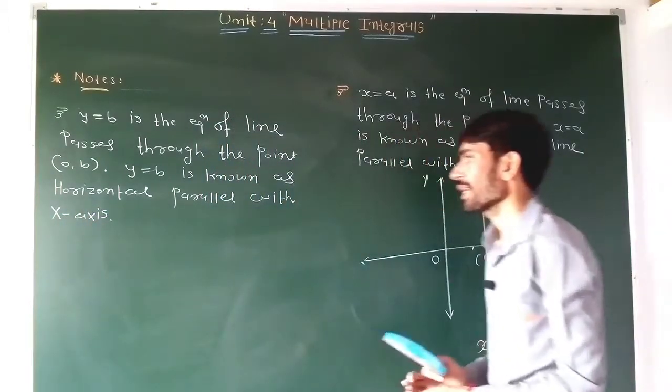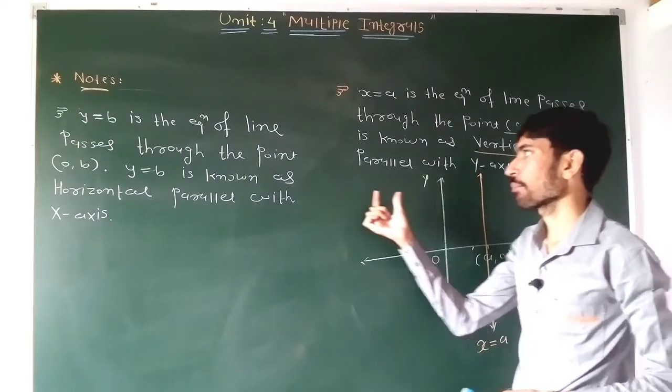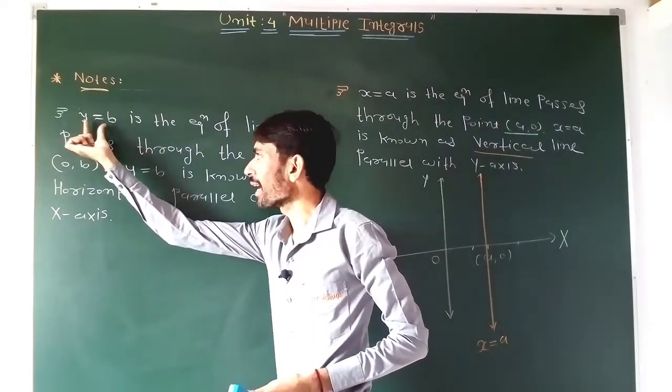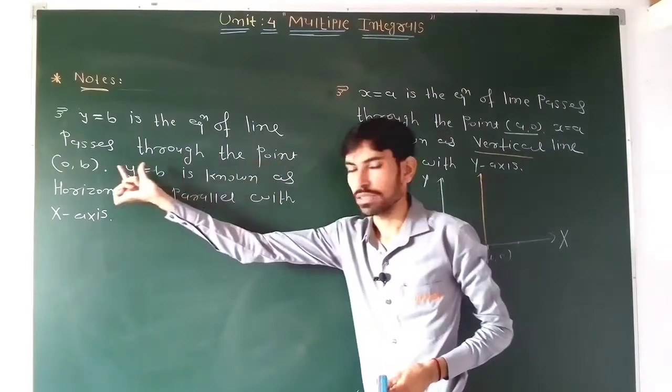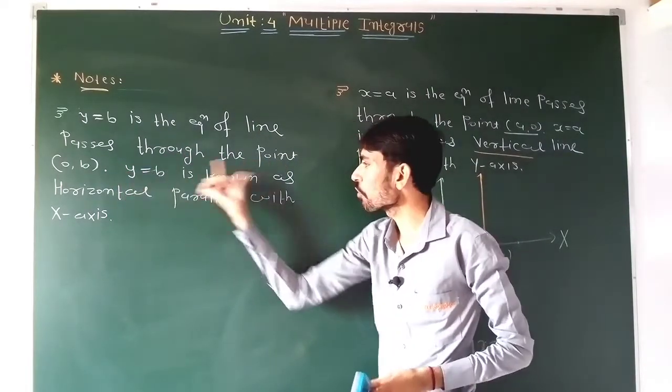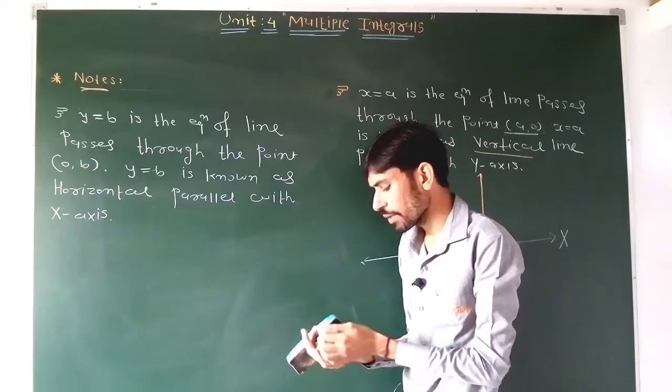So friends, just as we drew the line x is equal to a, in the same way we get another line, y is equal to b. Y is equal to b is the equation of a line that passes through the point (0, b) and is known as the horizontal line. So here we draw this line.